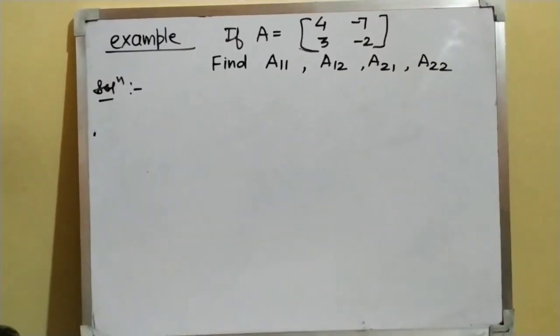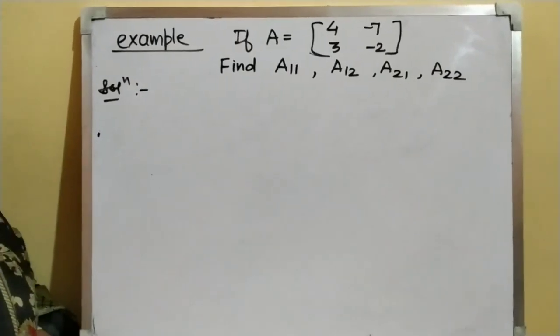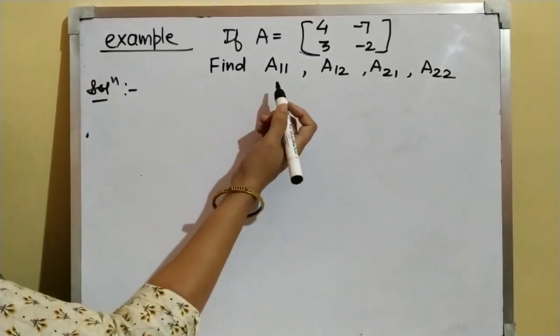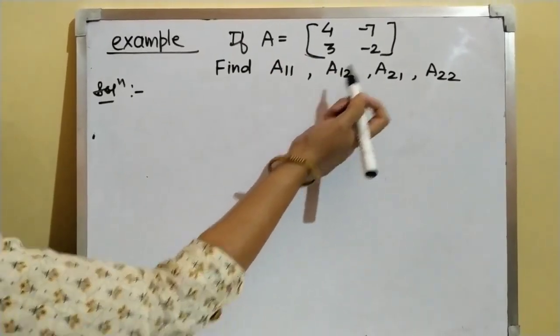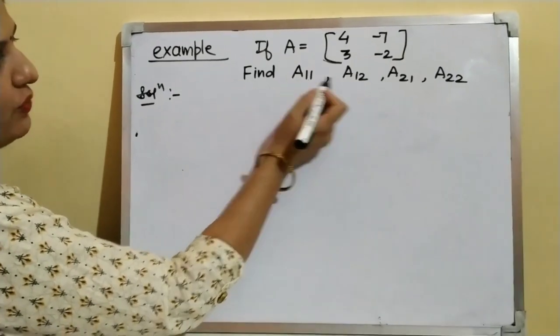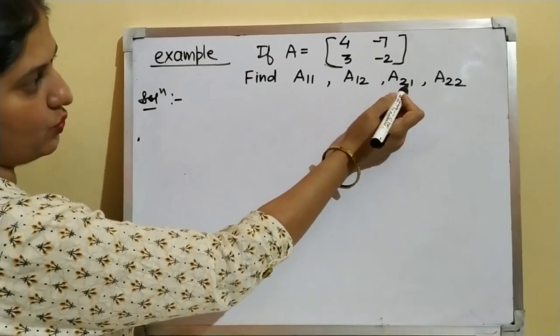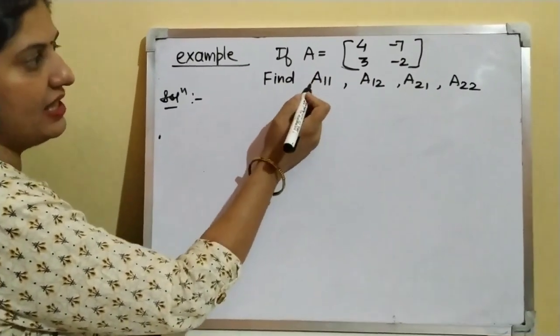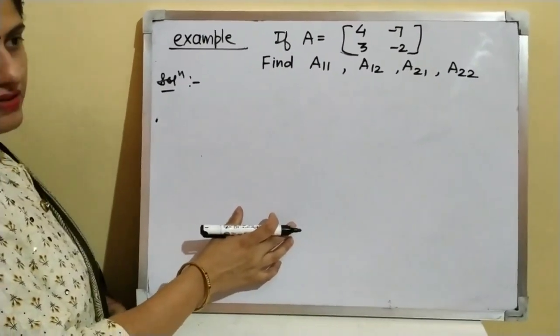Now we will discuss one example based on concept of cofactors. You have given a matrix of order 2 by 2. You have to find capital A11, capital A12, capital A21, capital A22. We know that capital A is used for cofactors.